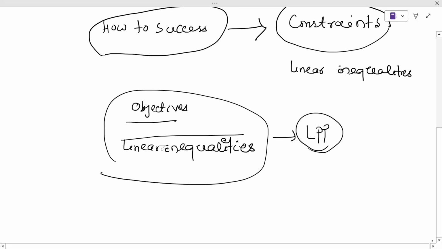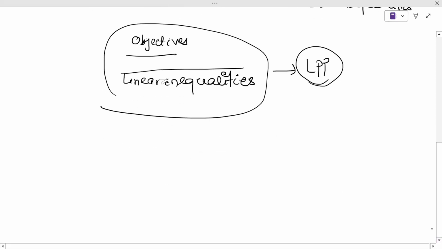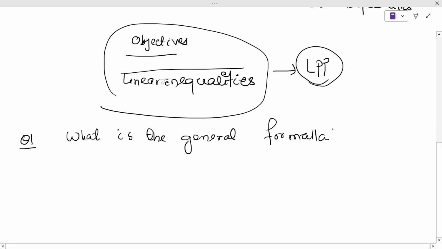So just one general formulation. General formulation of LPP. Question number 1: what is the general formulation of LPP? Just remember this question.